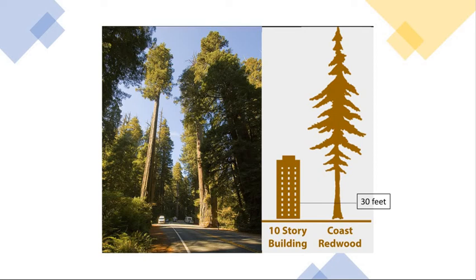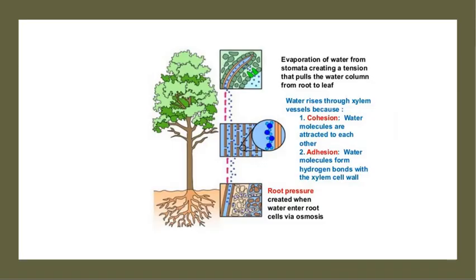Okay, so the question is, what does it do? How in the world, if capillary action only gets it up 30 feet, what about the other 200 feet, or more, depending on the tree here? Okay, there is a process that goes on.